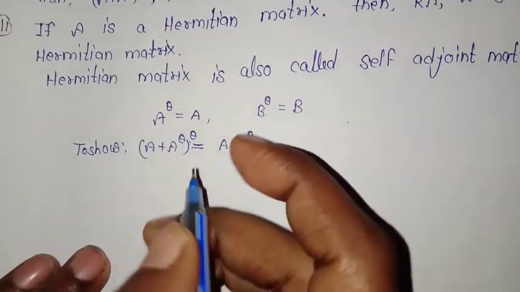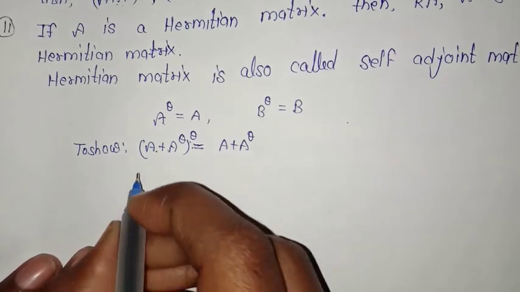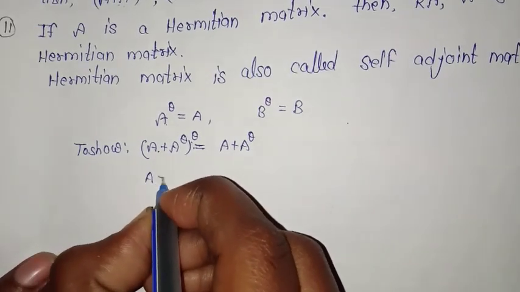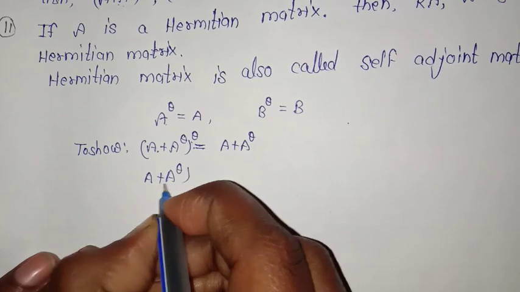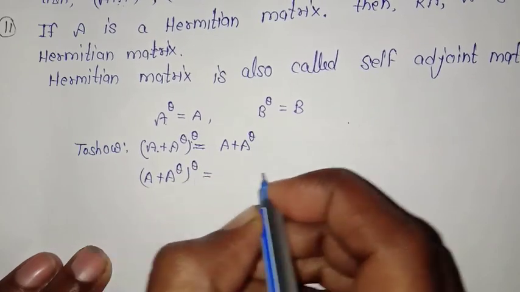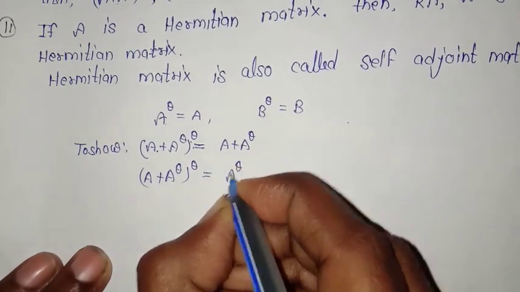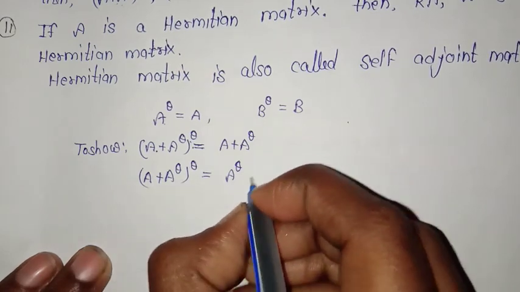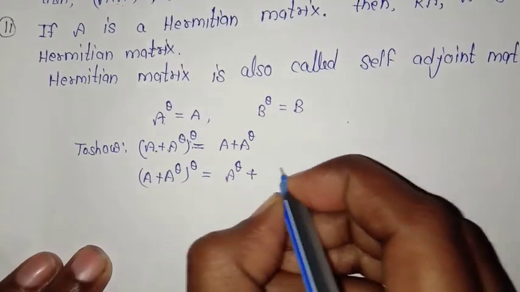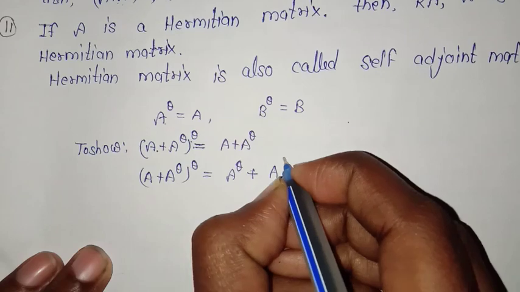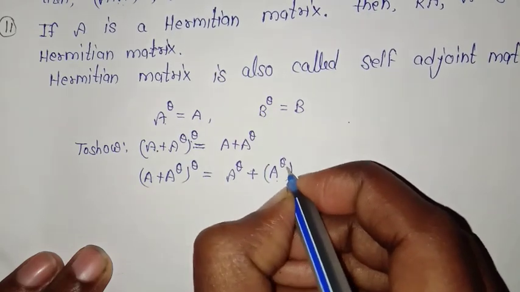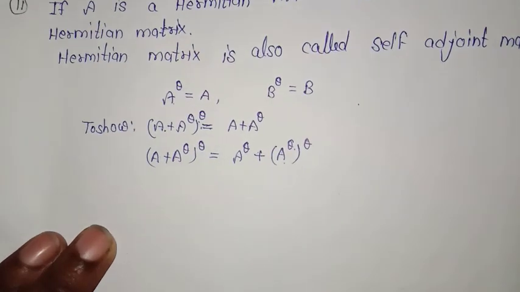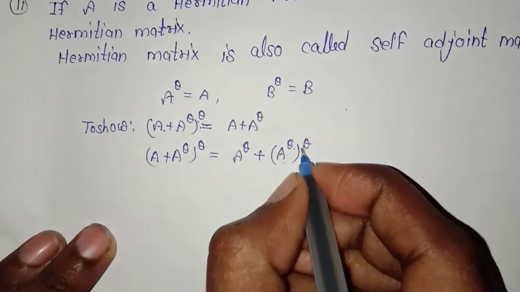In order to show this, firstly we approach from the left side. So (A plus conjugate transpose of A) whole conjugate transpose. We can express it like this: it will distribute over each matrix, so it becomes conjugate transpose of A plus conjugate transpose of conjugate transpose of A. Now this becomes A only.